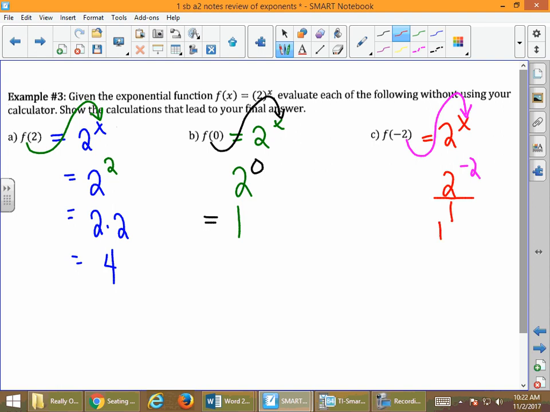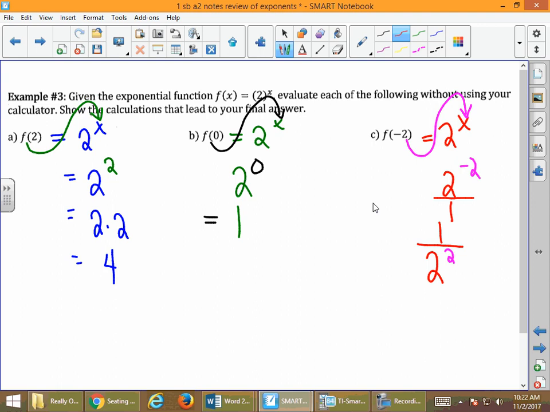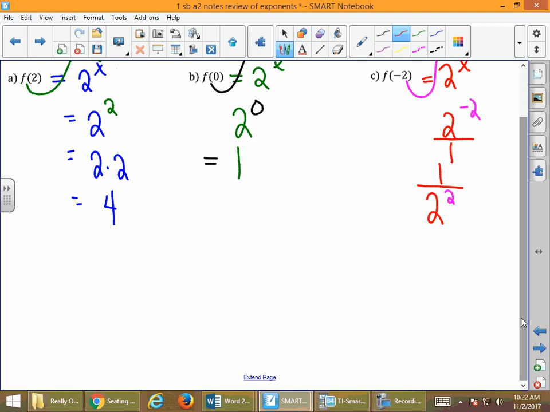It's going to become 1 over 2 squared. And we already know what 2 squared equals, but just to show the work here, 2 times 2 is our extended multiplication, and we know that 2 times 2 is 4. So 2 to the negative 2nd is 1/4. Those negative exponents oftentimes lead to a fraction.